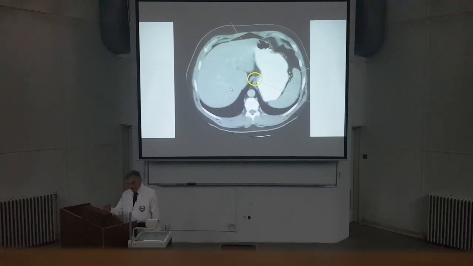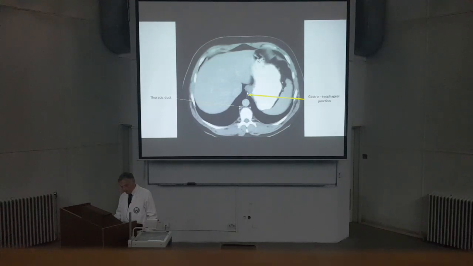You see the head and the chest of the patient is away, it's behind the screen. And you see a section. This is the stomach, filled with barium, and you know that the esophagus makes an impression on the liver. So this is the lowest part of the esophagus.